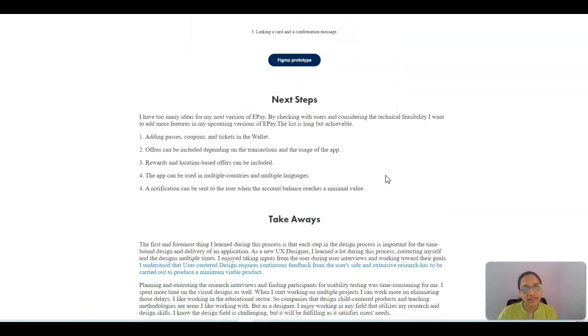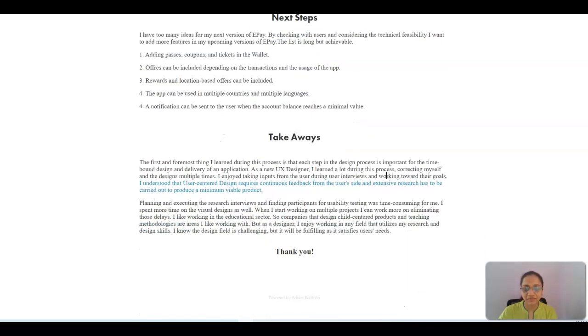My future plans are a long list of ideas that I want to implement in the next version of ePay, and depending upon technical feasibility and checking with the users, I want to introduce more features into my next version.